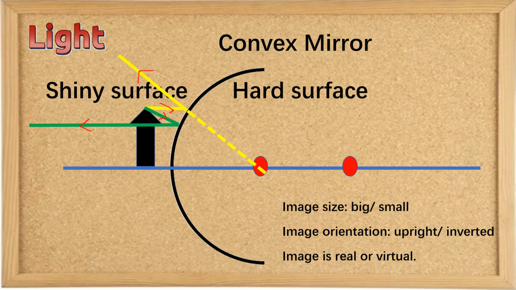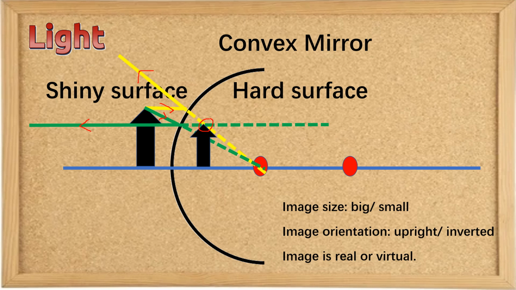And then for this incident ray, you are going to make an imaginary line pointing to your focal point as if the light is coming there. And then with your reflected ray, you're going to make a line as if the light is coming from this side. So the point wherein the two lines meet each other, that is where your image is formed.